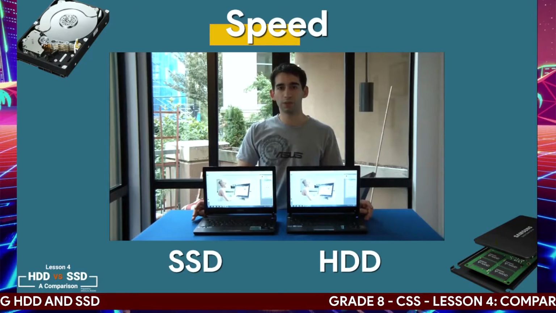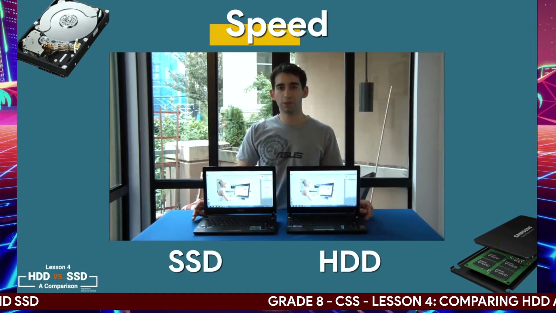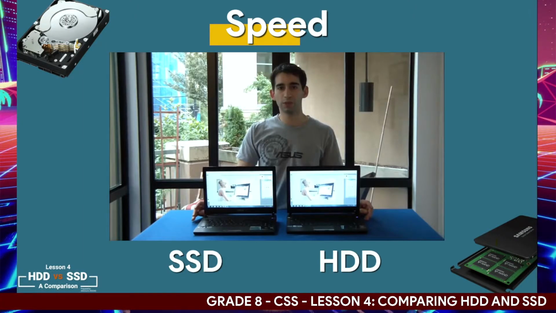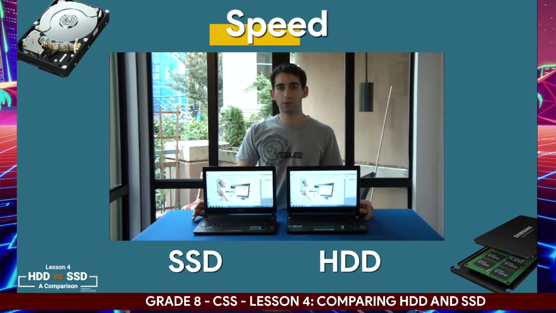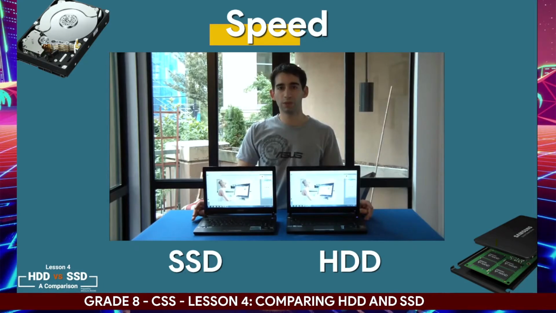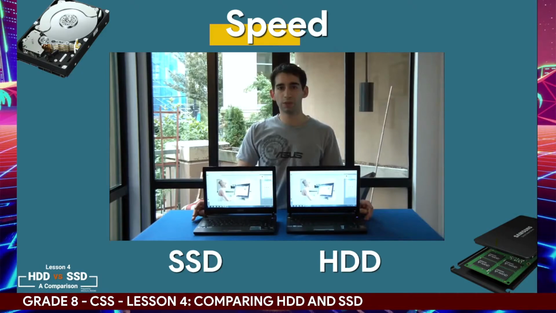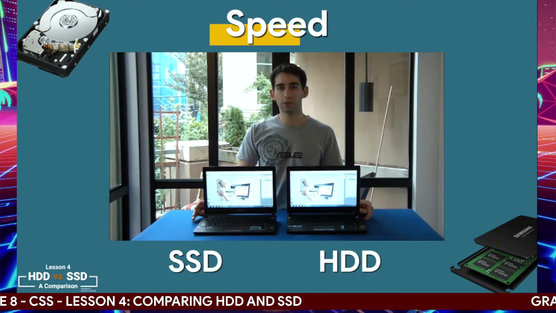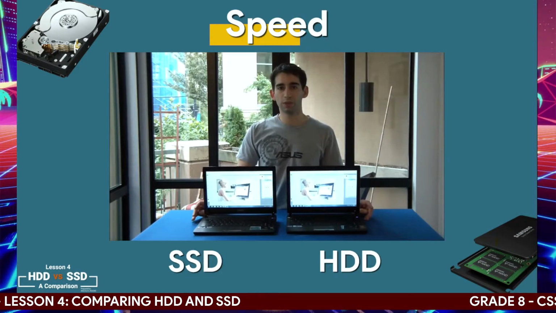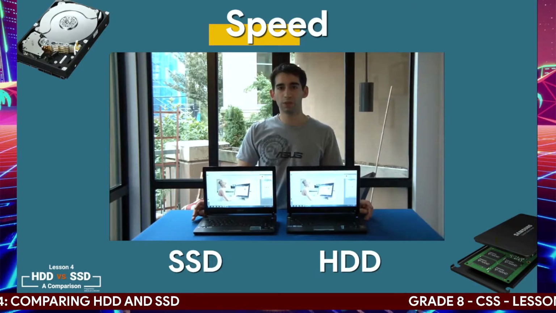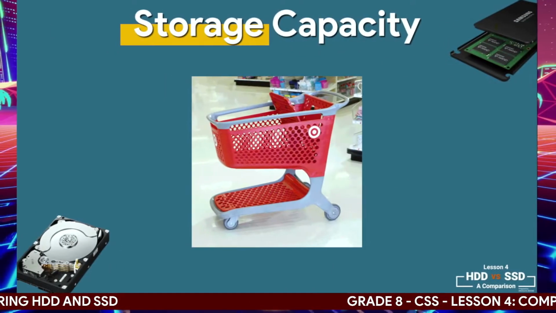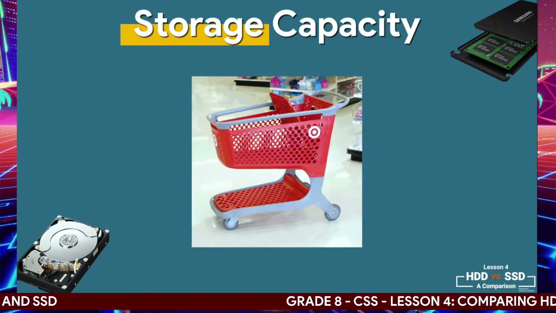Obviously, SSDs outpace HDD. This is because they use electrical circuitry and have no physical moving parts. This leads to shorter wait times when you're starting up and fewer delays when opening apps for doing heavy computing tasks.